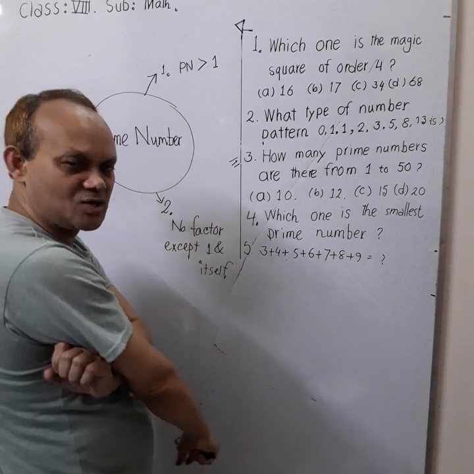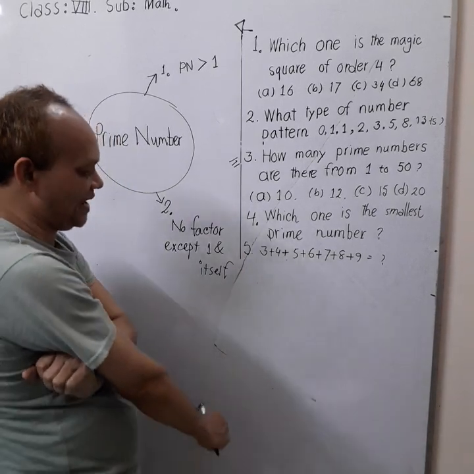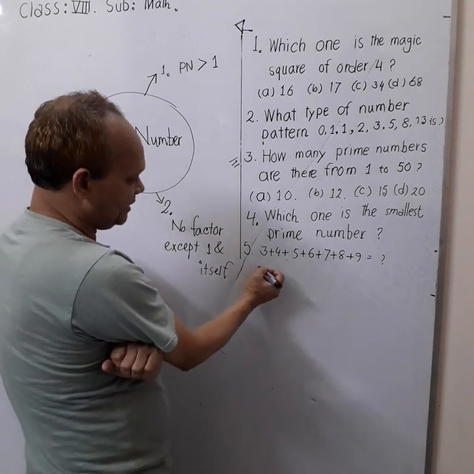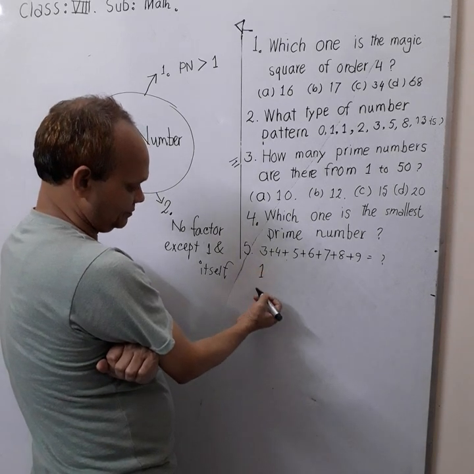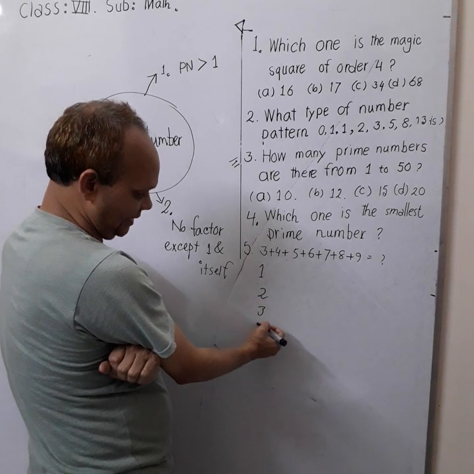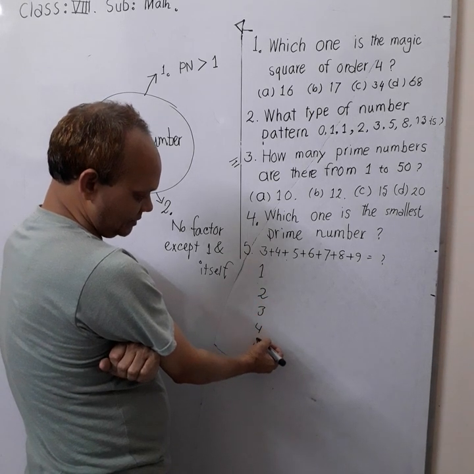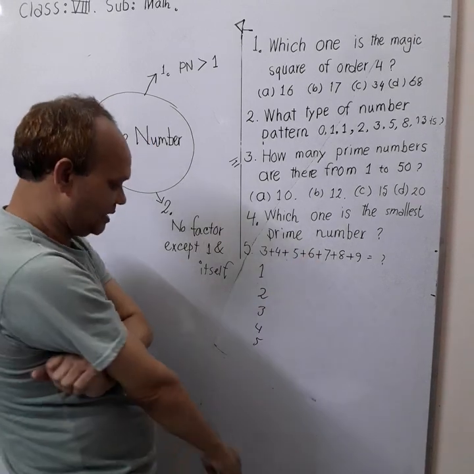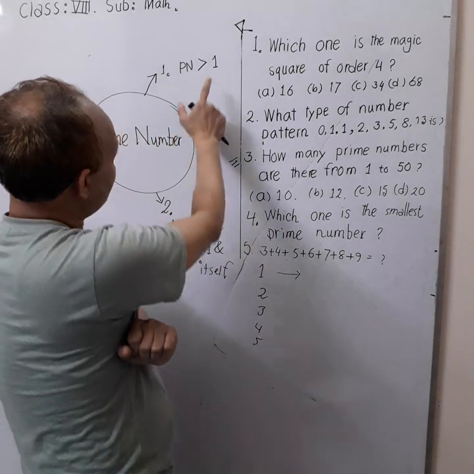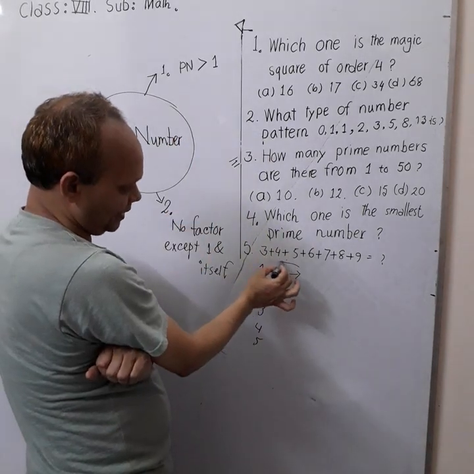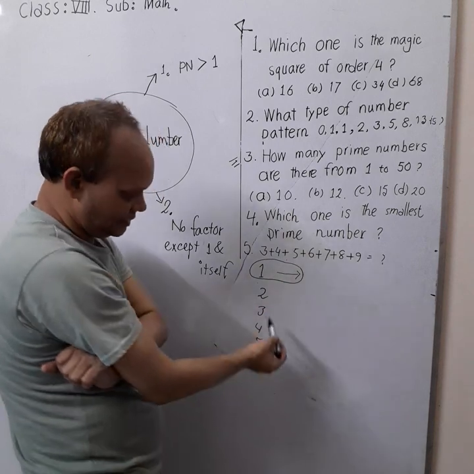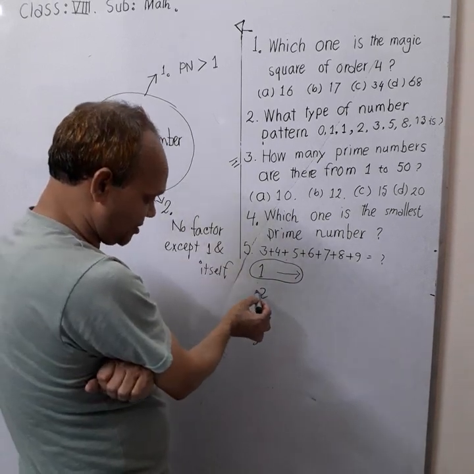Let us try to understand. Now you see here I am writing 1, then 2, then 3, then 4, then 5. Then 1 is not greater than 1, so forget this 1. Now let us start from number 2.